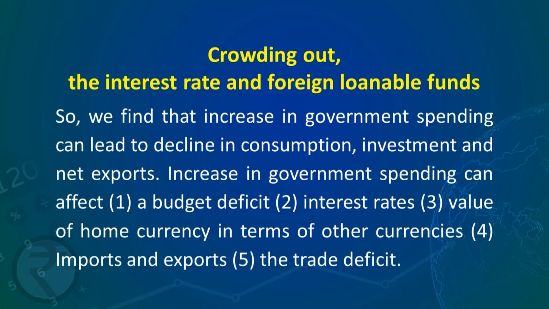So, we find that an increase in government spending can lead to a decline in consumption, investment and net exports. Increase in government spending can affect the budget deficit, interest rates, the value of the home currency in terms of other currencies, imports and exports, and the trade deficit.